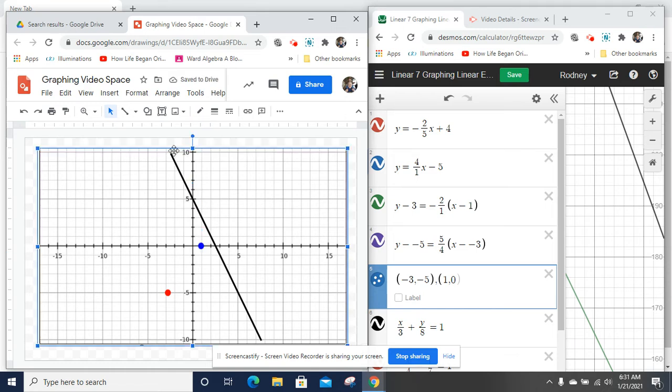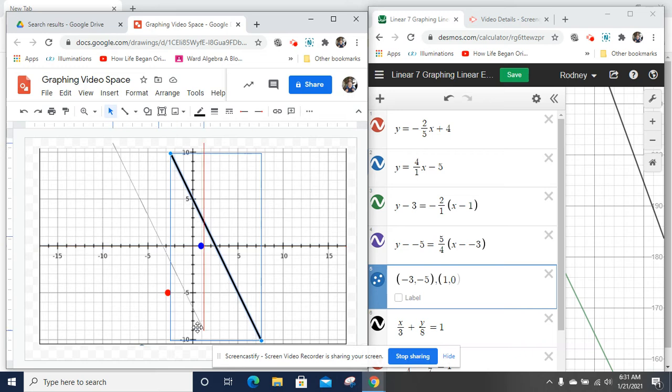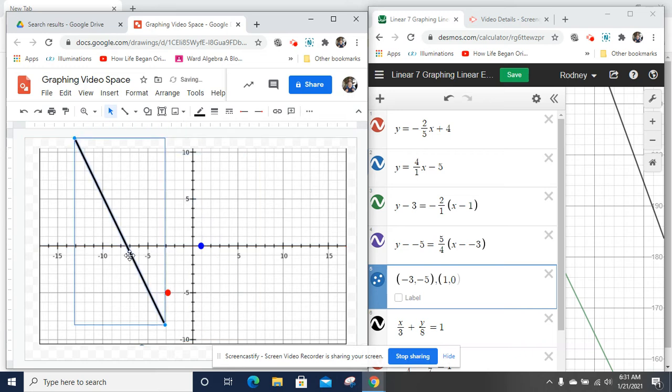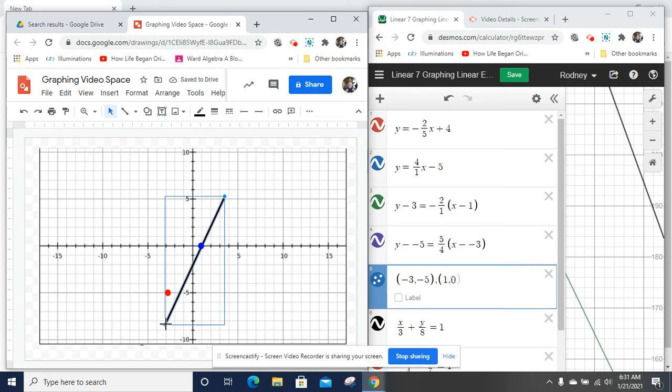And then you could just move your line to go through those points. Let me grab it a little better. Okay, and just maneuver it around until you've got the line drawing through it. So on paper, you just get a straight edge. It's actually easier on paper than using this Google Draw. It could be a ruler. It doesn't have to be a ruler.